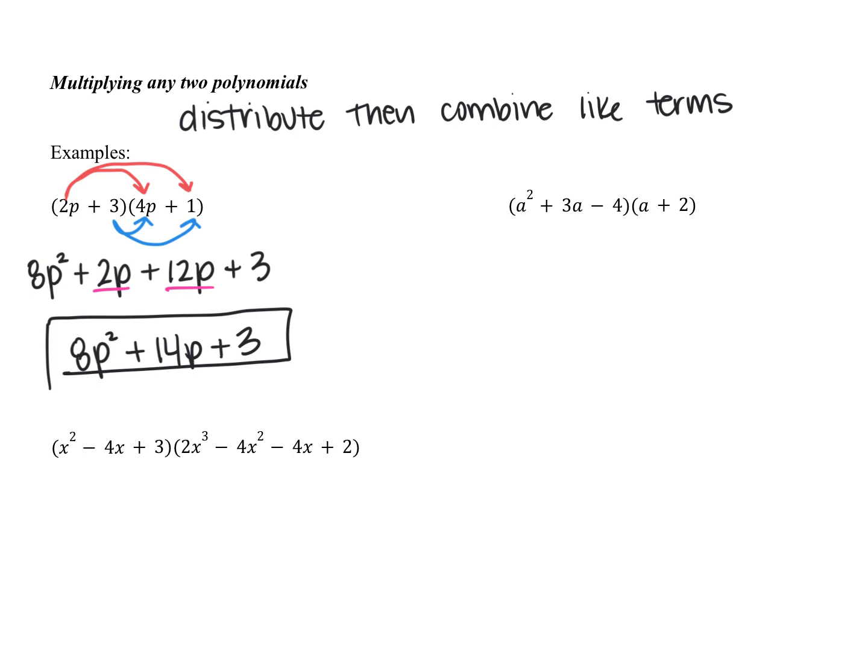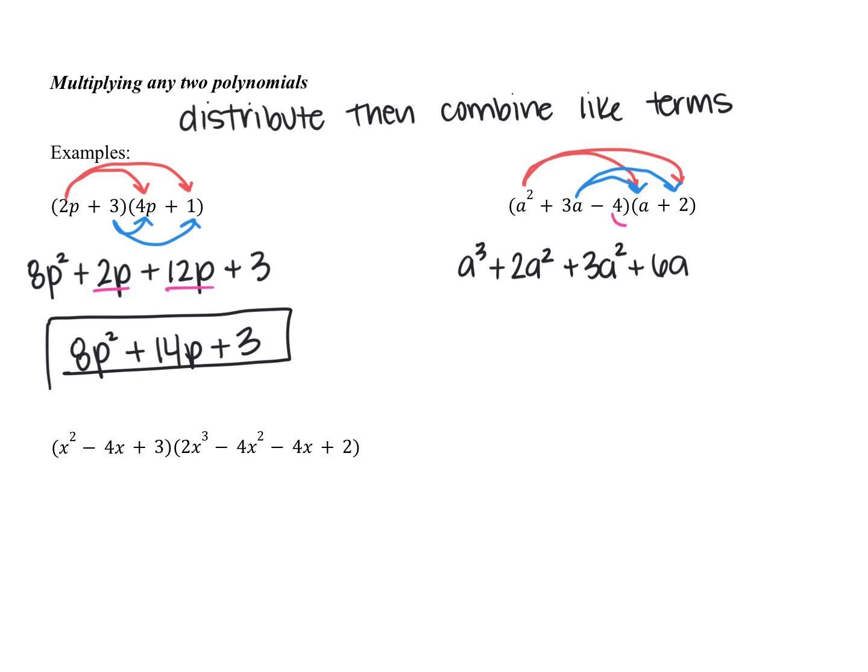Next we have a squared plus 3a minus 4 times a plus 2. I'm going to multiply a squared into my parentheses, so I get a cubed plus 2a squared. Next, I'm going to multiply 3a to both of them, and I get 3a squared plus 6a.